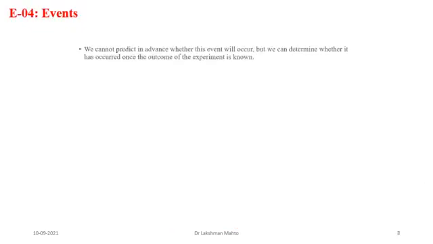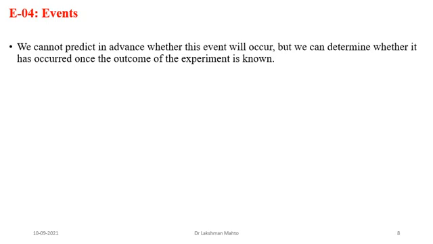Likewise you can take various examples. Another point here: we cannot predict in advance whether this event will occur, but we can determine whether it has occurred once the outcome of the experiment is known. If some outcome is observed from the experiment, that means we performed the experiment and have observed a trial.